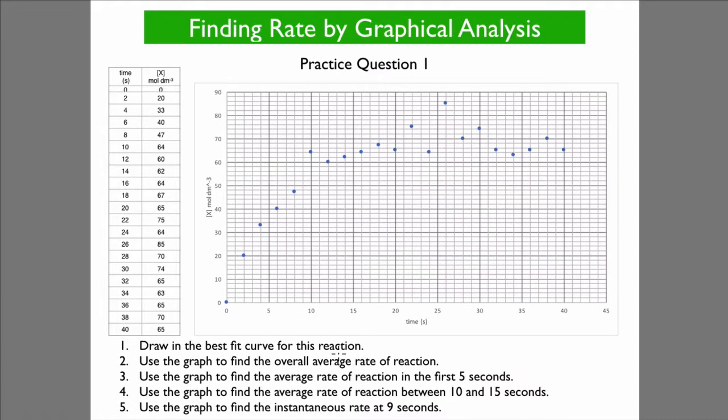Okay, here's a practice question. First of all, you would look at this and you've got to draw in the best fit curve for the reaction. I've done this with a pen rather than using a line to highlight that you do need to be able to do these freehand if they're awkward and curved like this.